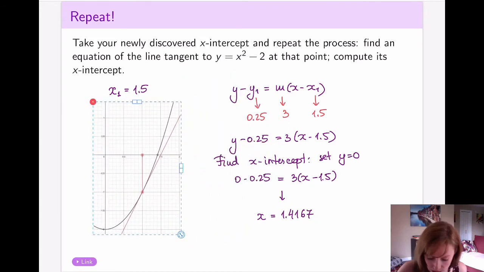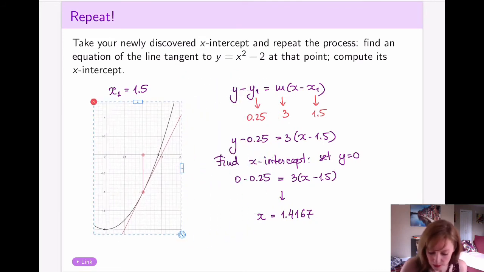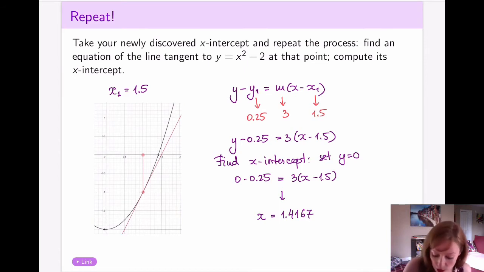Okay, so this is my approximation. And now I just want to, again, remind ourselves that this one was our initial approximation, x naught. We went up to the function, constructed a tangent line, and the tangent line's intercept was 1.5, which was our next approximation, x1.